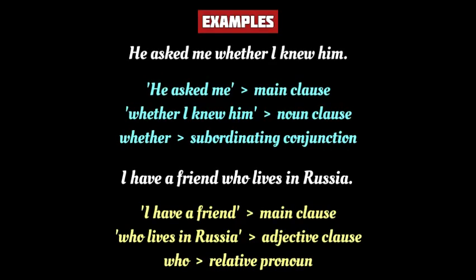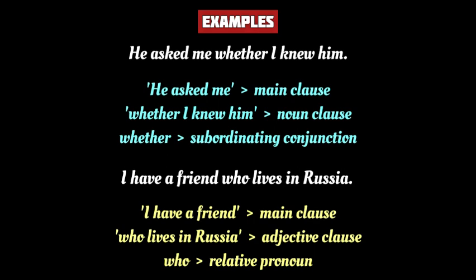Now see some examples of different types of subordinate clauses. "He asked me whether I knew him." Here, "whether I knew him" is the subordinate clause, and it functions as a noun or object to the verb "asked," so it's a noun clause. In the second sentence, "I have a friend who lives in Russia."